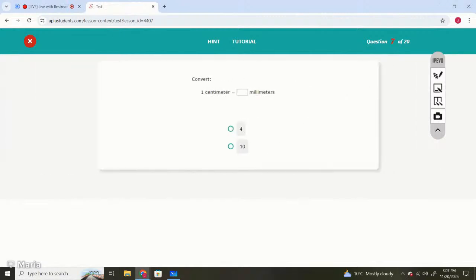The correct option is 1 kilometer. 1 centimeter equals how many millimeters? 1 centimeter equals 10 millimeters. Option number 2 is the correct option.